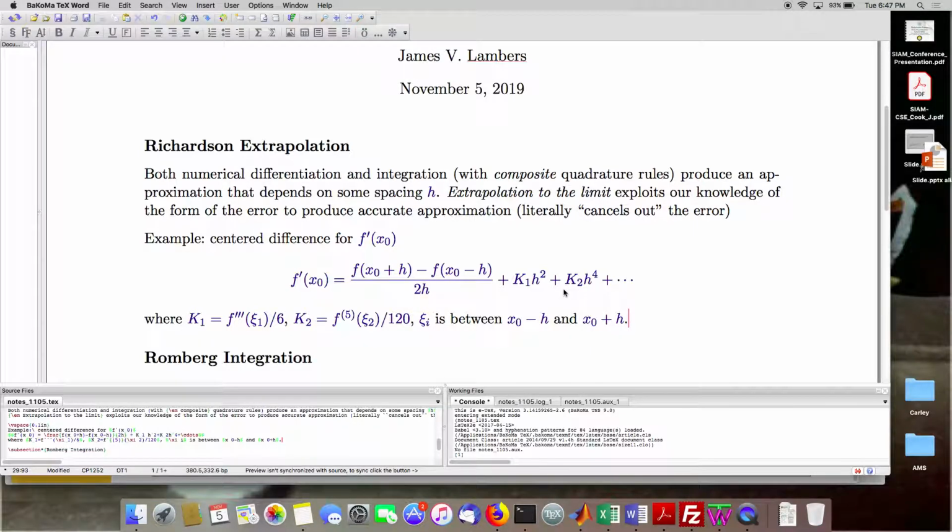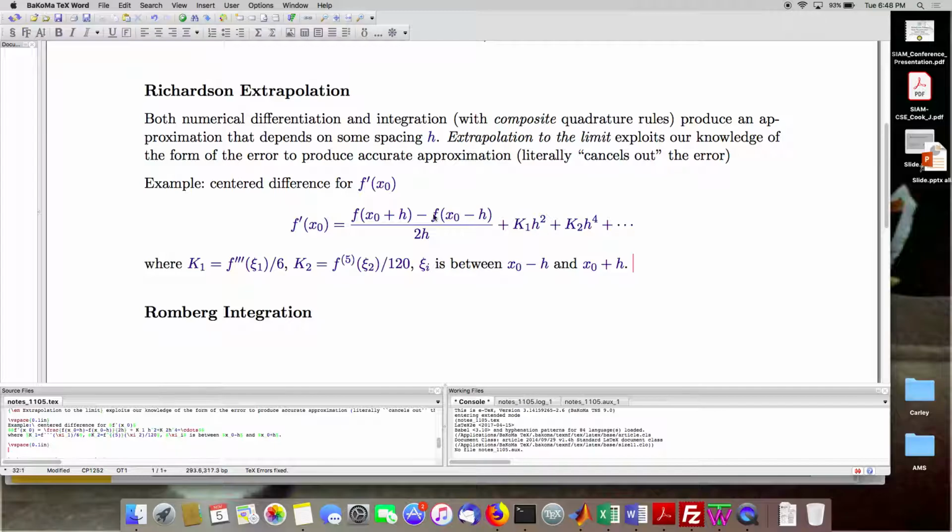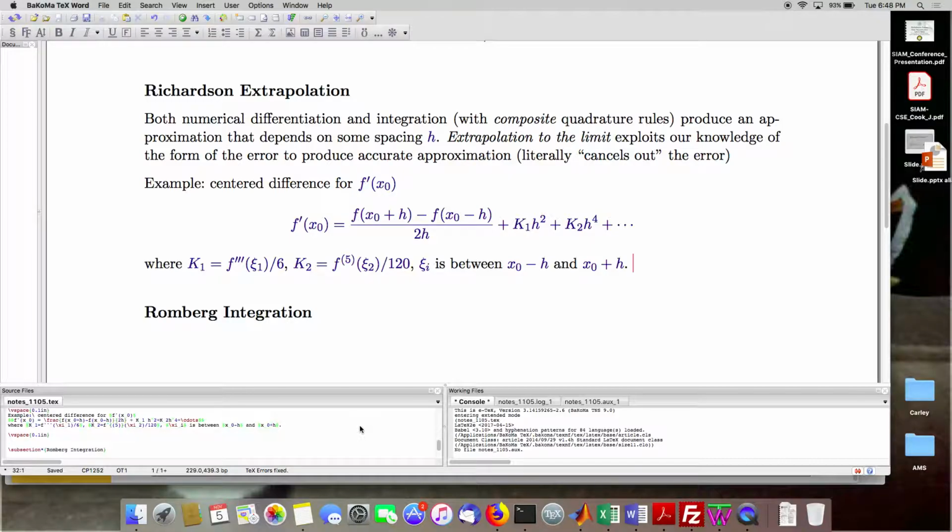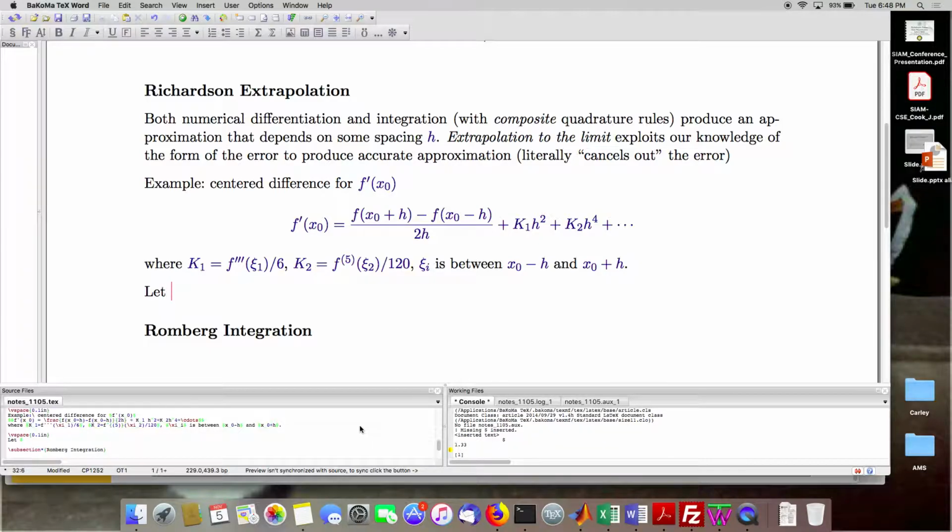Now, what I'm going to do is show you what can be done if we use this center difference approximation with multiple approximations. So I'm going to pick out a specific function here. And I've shown you this function before.